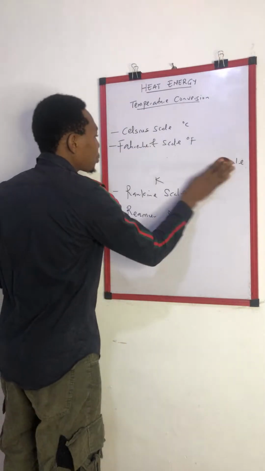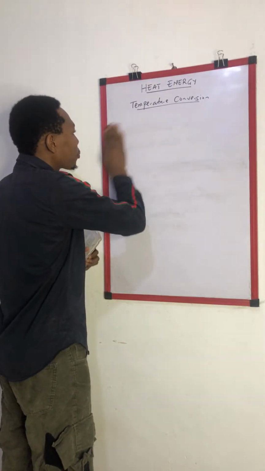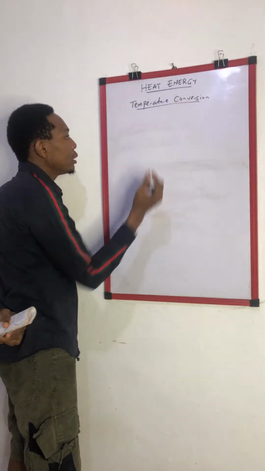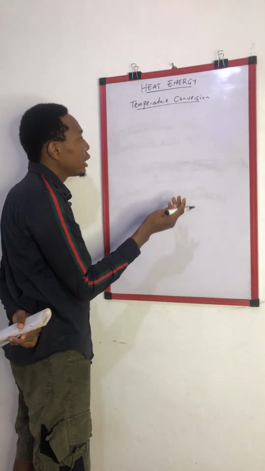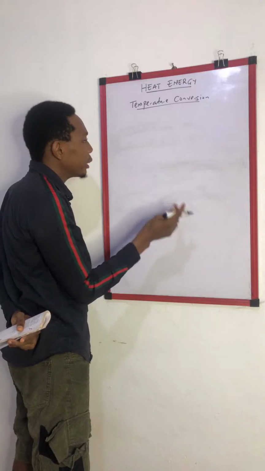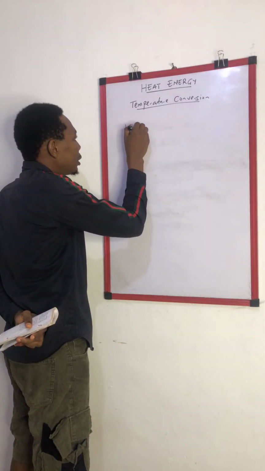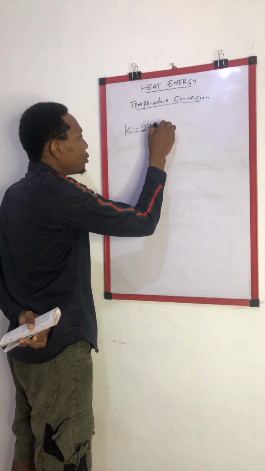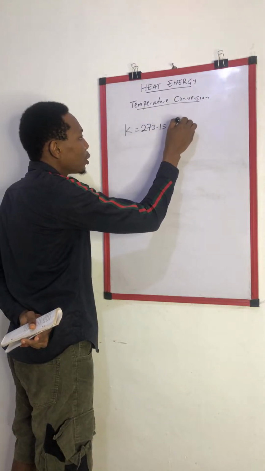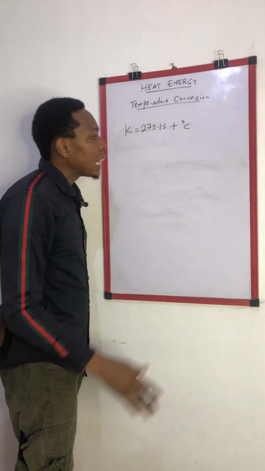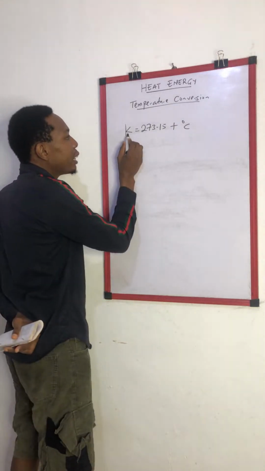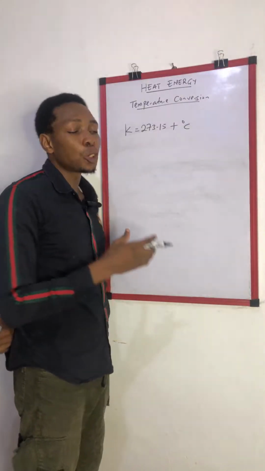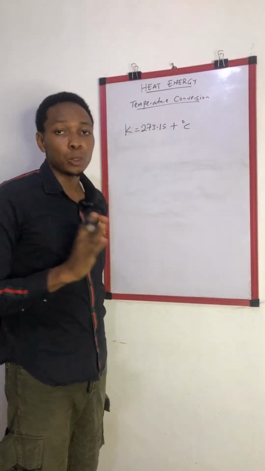Now the relationship between Kelvin and Celsius scale: Kelvin equals 273.15 plus degree Celsius. This is the relationship between the Kelvin and degree Celsius. Please take note, this is heat energy. That's the actual value, which is 273.15.